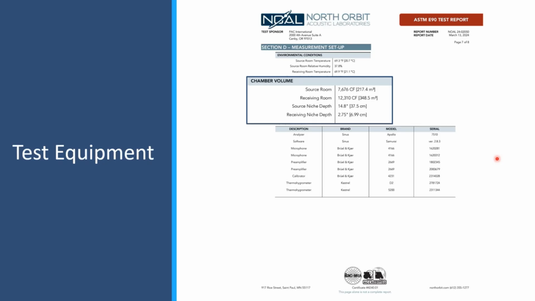So it's just another thing to consider if you're trying to design something for low frequency sound isolation and you're comparing this assembly from lab A to this assembly from lab B. If lab A has a receiving room volume of 80 cubic meters and lab B has a receiving room volume of 349 cubic meters, I would be very careful about comparing low frequency data between those two labs because of the dramatically different volumes.